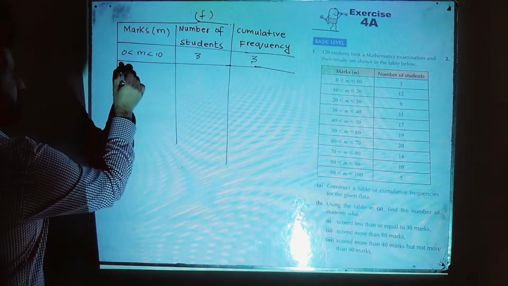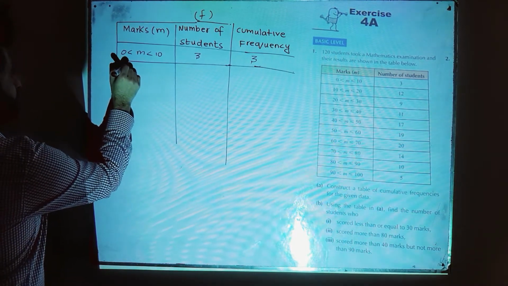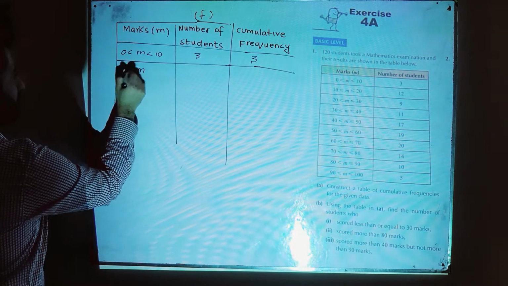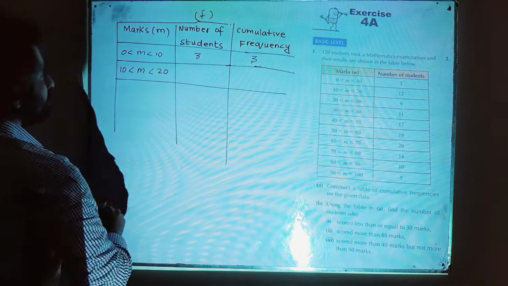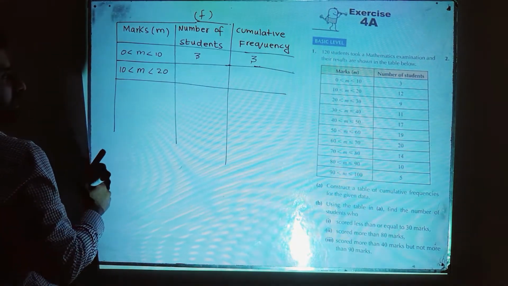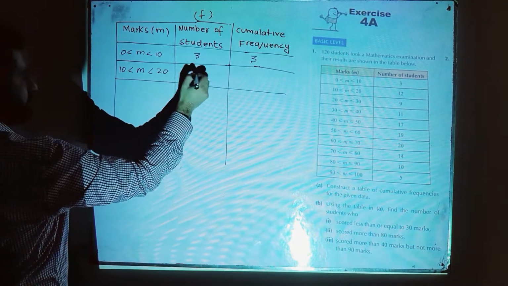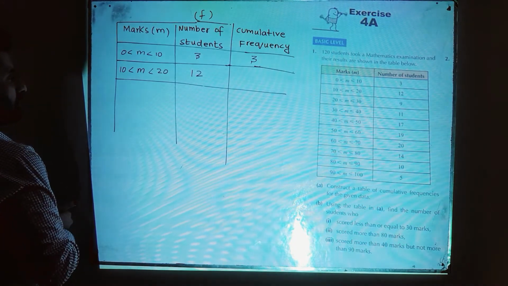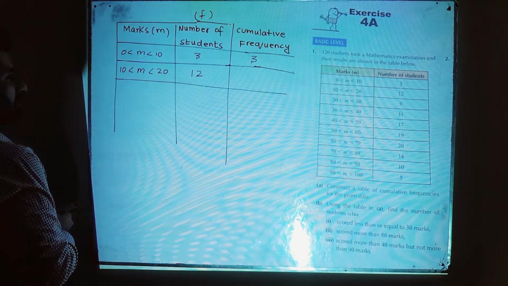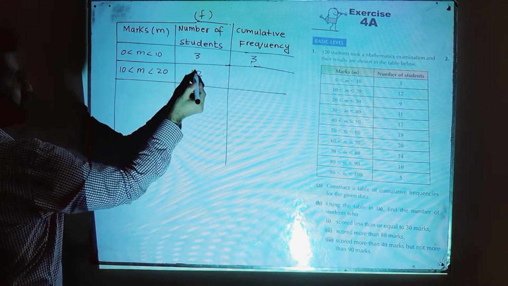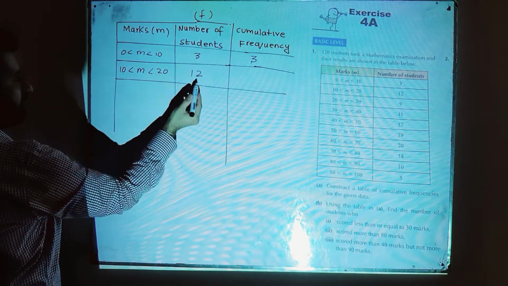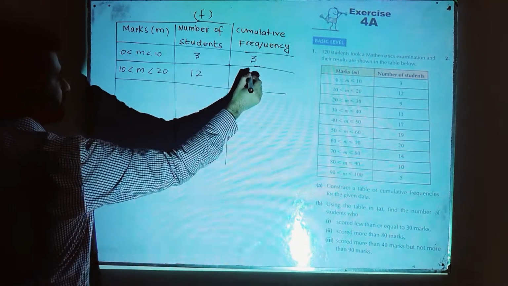The next group is where marks are more than 10 and less than 20. The frequency for this one means the number of students who are falling in this range. They are 12. So cumulative frequency is basically you have to add all the frequencies including 12 and above. 12 plus 3 is 15.